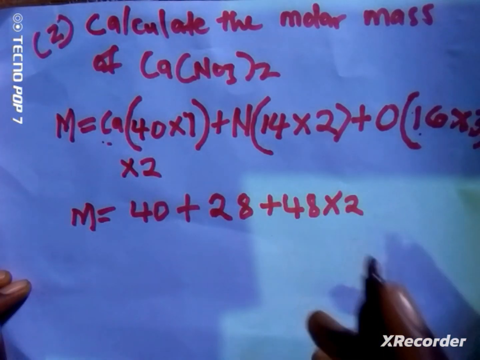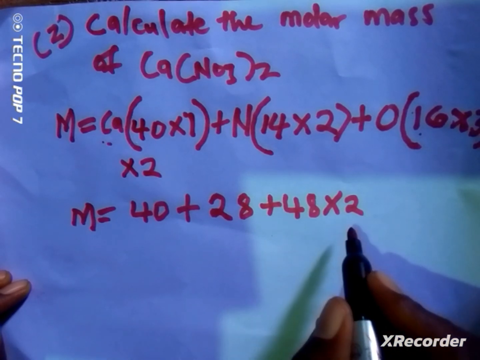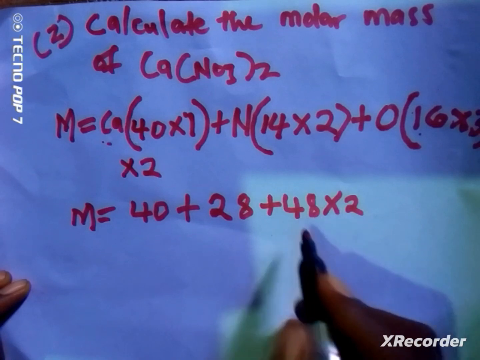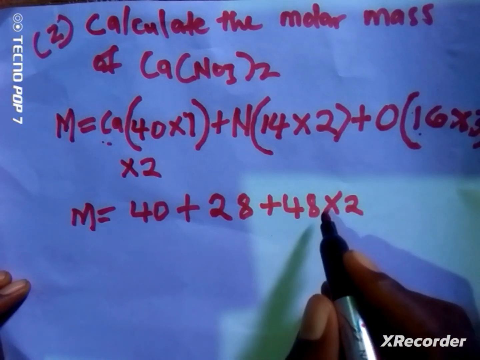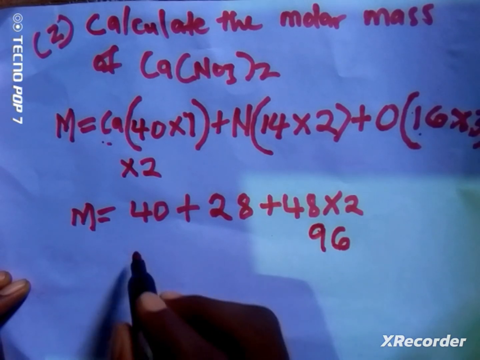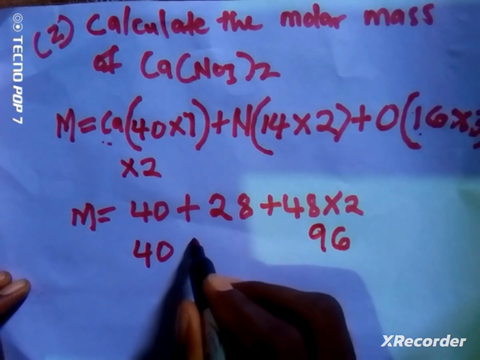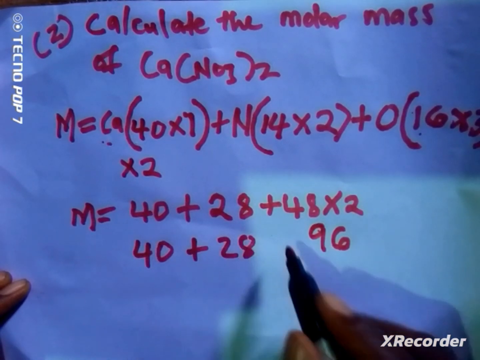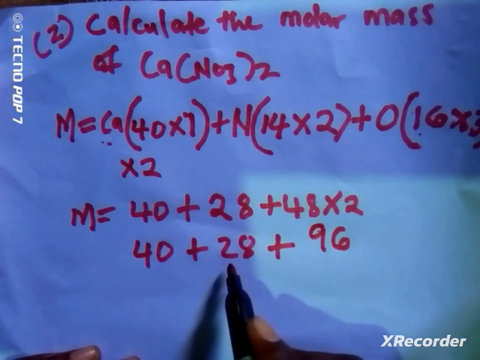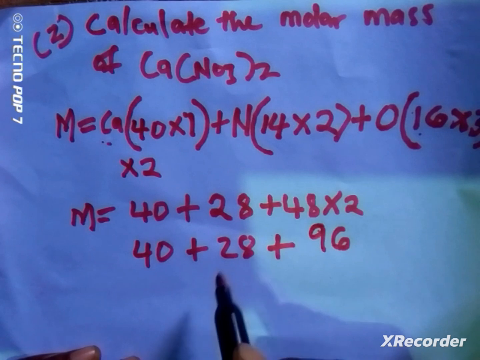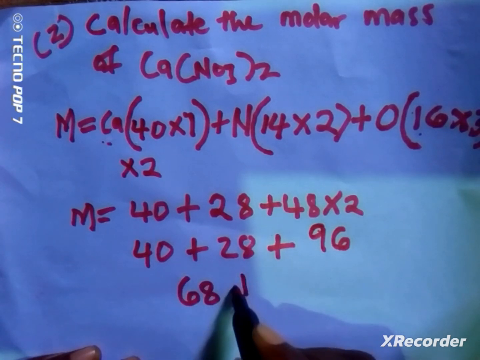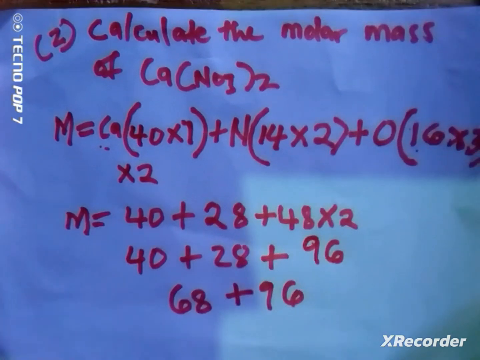So what are we going to do? We are still continuing with our multiplication. So this and this times 2 is equal to 96, right? So 40 plus 28 plus 96. So 40 plus 28 is equal to 68, plus 96.